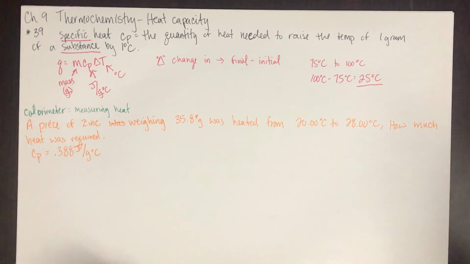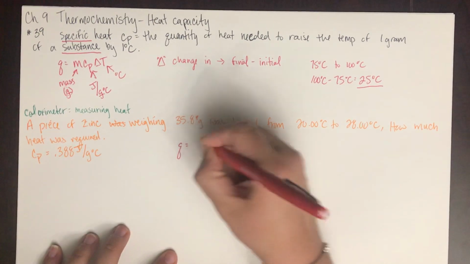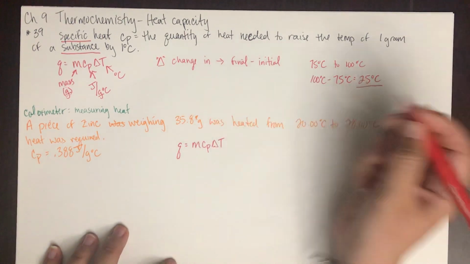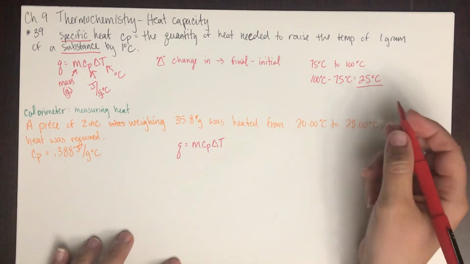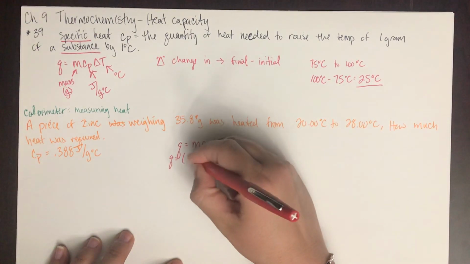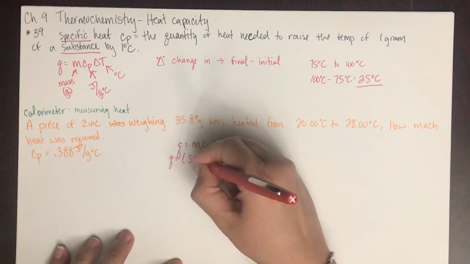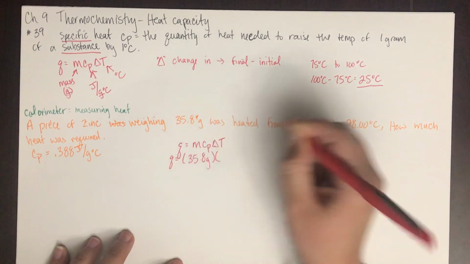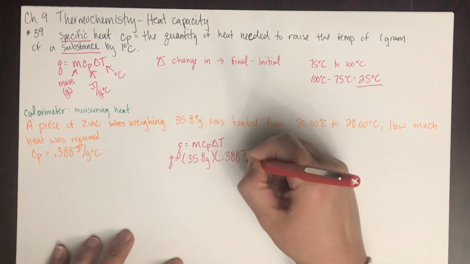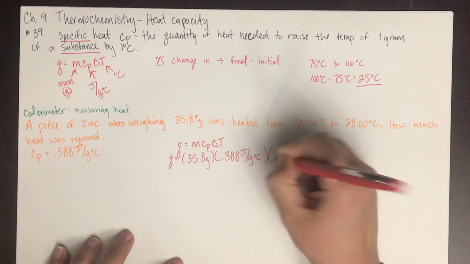Let's put this into our equation. Q equals mass times specific heat times change in temperature. Q is what we're looking for. Mass is 35.8 grams. Specific heat is 0.388 joules per gram degree Celsius.